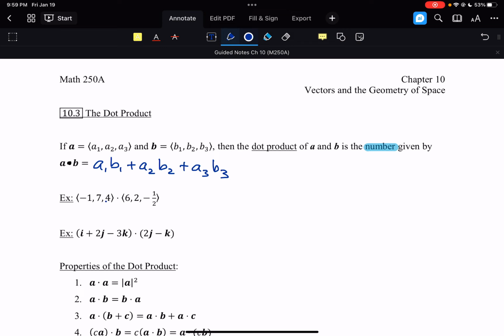So <-1, 7, 4> dotted with <6, 2, -1/2>. That's going to be -1 times 6 plus 7 times 2 plus 4 times -1/2.